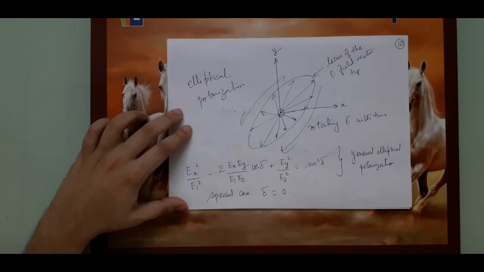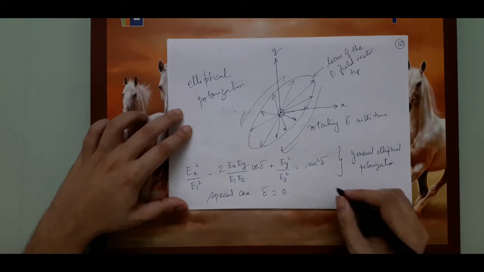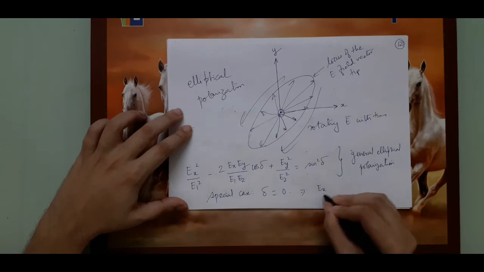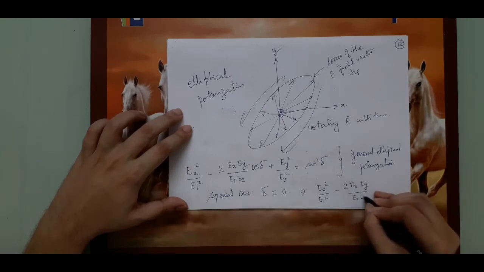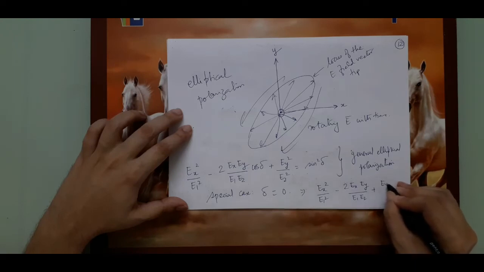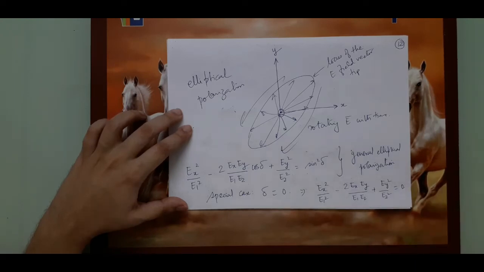And what would that be? That would be nothing but Ex square by E1 square minus 2 Ex Ey by E1 E2 plus Ey square by E2 square equal to 0. Now this is a perfect square.